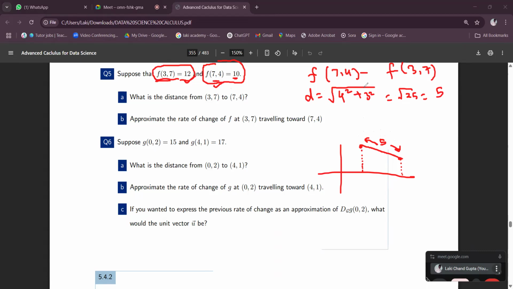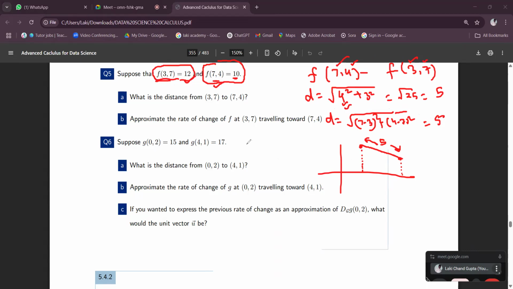I did not select, I took the difference: 7 minus 3 is 4, 4 minus 7 is negative 3. It is the difference between x and the difference between y, squared, and the root.